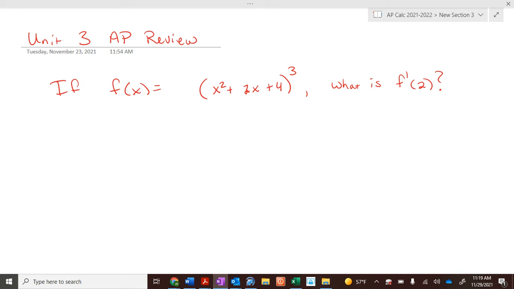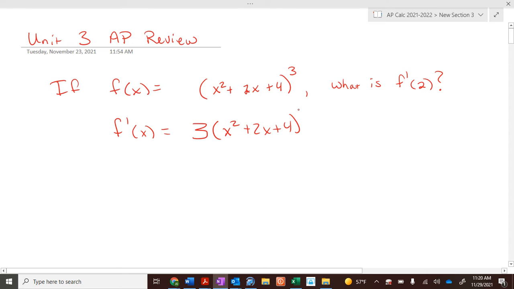All right. So, how do we find the first derivative of that function at 2? Chain rule. First derivative, chain rule: 3 times (x squared plus 2x plus 4) to the second power, times the first derivative of the inside, which is 2x plus 2.